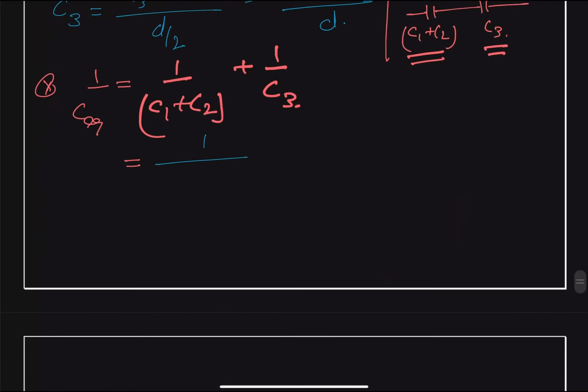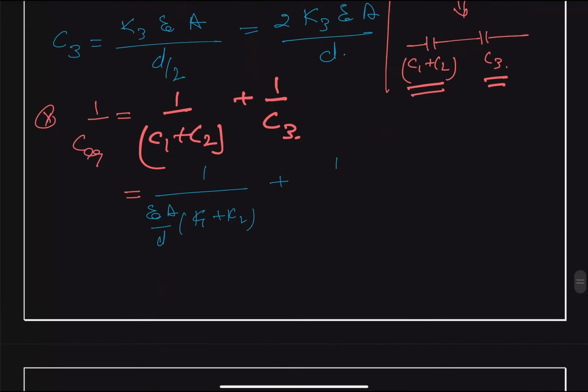So we can write it as epsilon naught A upon D times K1 plus K2, and 1 upon C3 is 2 K3 epsilon naught A upon D. We can take epsilon naught A as common, so we get D upon epsilon naught A times 1 upon K1 plus K2, plus 1 upon 2 times K3.